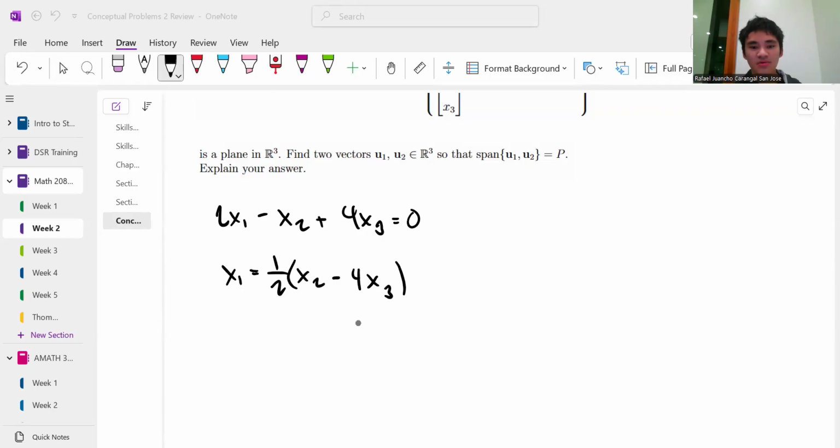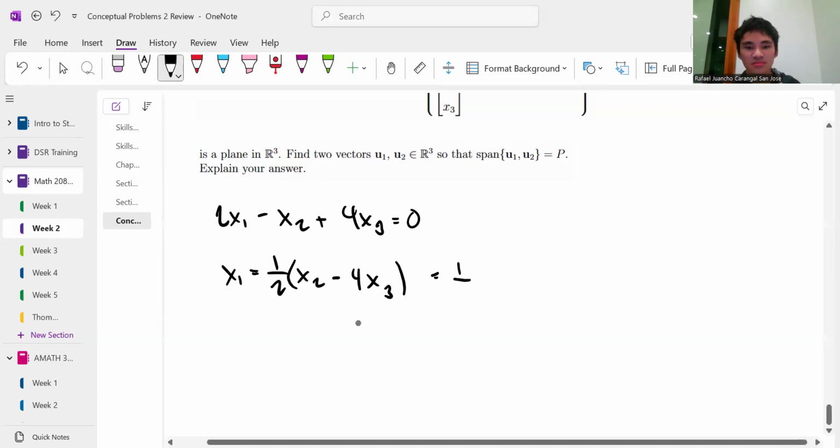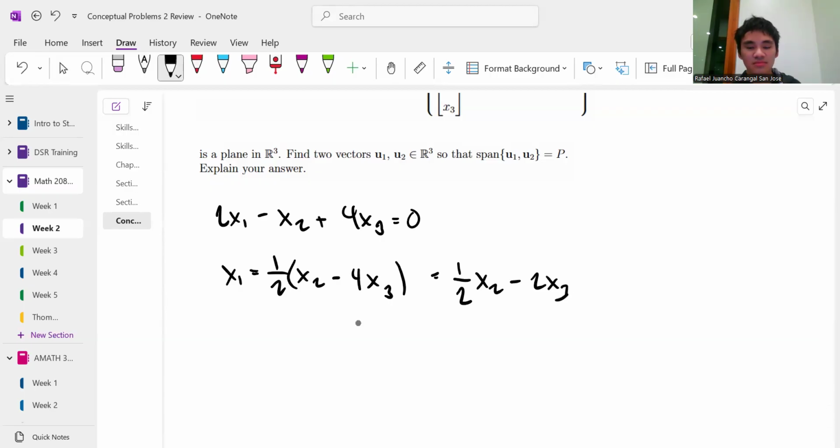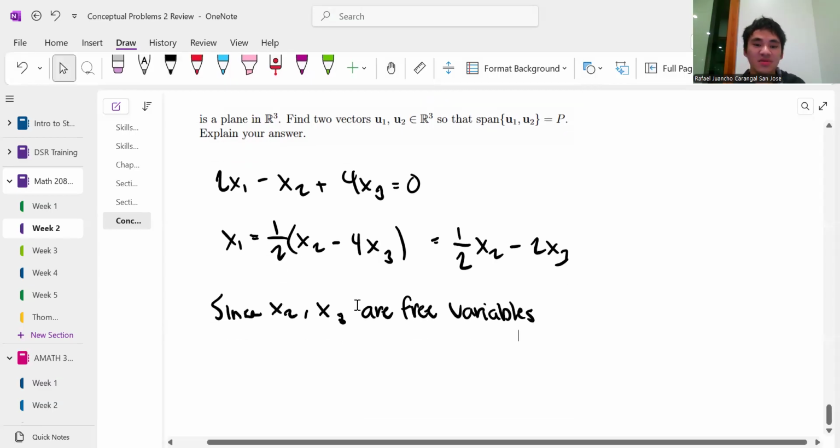Now, since x sub 2 and x sub 3 are free variables, they could be anything, to be honest. Or we could really assign them in a different way.